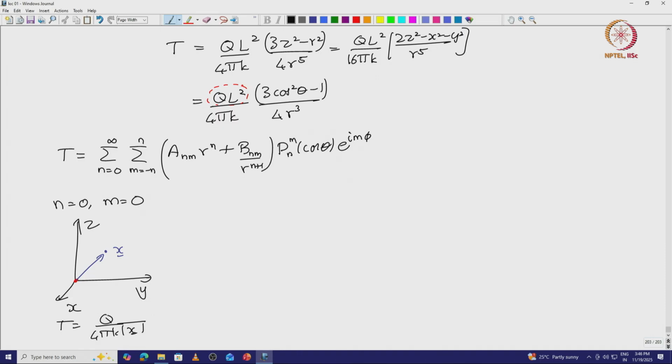The temperature field is proportional to 1 over r, for r becoming large compared to 1.